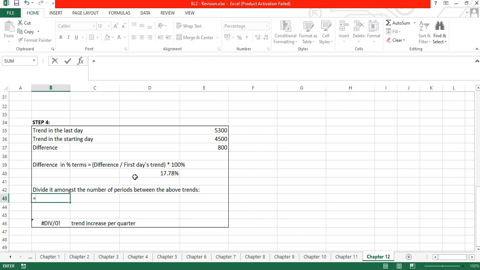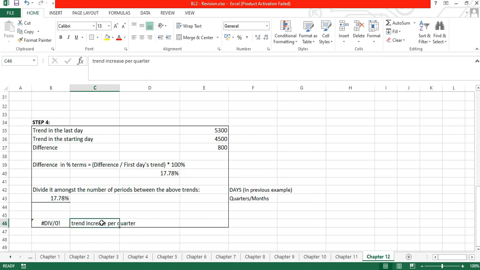17.78%. Now previously, if you remember, we divided the percentage by the number of periods, because it was for days in the previous example during the lecture. But here it is for quarters. If you have to use quarters or months, you should not divide it by the number of quarters to get the trend increase per quarter.